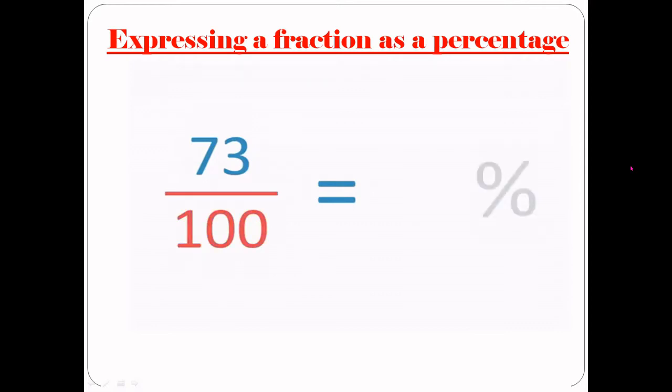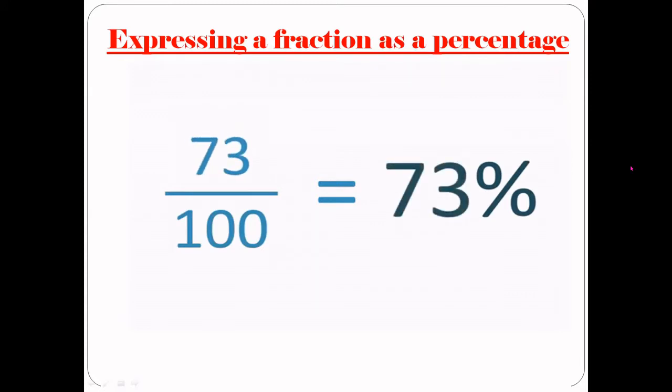Here in this fraction, numerator is 73. Denominator is 100. If the denominator is 100, then we can write that fraction as a percentage. In any fraction, if the denominator is 100, then we can write that as a percentage.